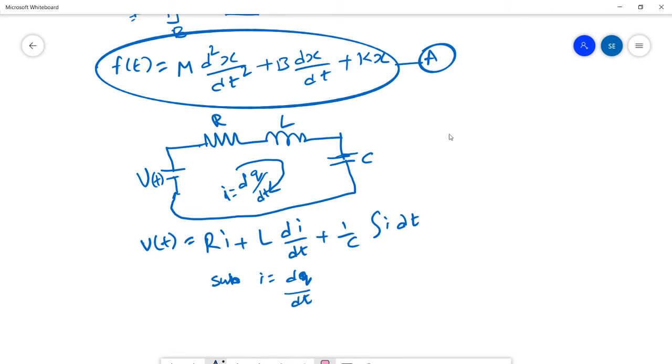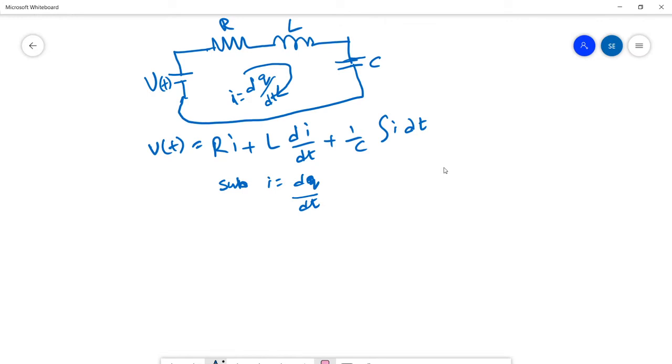What we get is V of t is equal to R into dq by dt plus L into di by dt. Already it is a derivative of time, and if you are taking in terms of charge, how it will come? d square q by dt square, right?